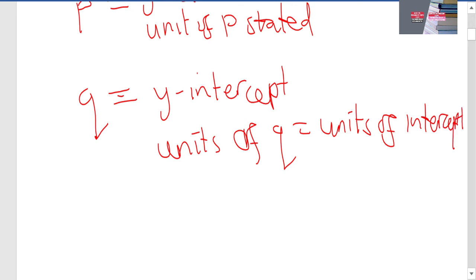Now, suppose q is not equal to the y-intercept, or p is not equal to the gradient, which means you use the formula y is equal to mx plus c to establish the relationship between p and q. So m should be related to the first constant. It may be 1 over gradient, or it may be gradient over something, and then c is always related to the other constant, which is your intercept.